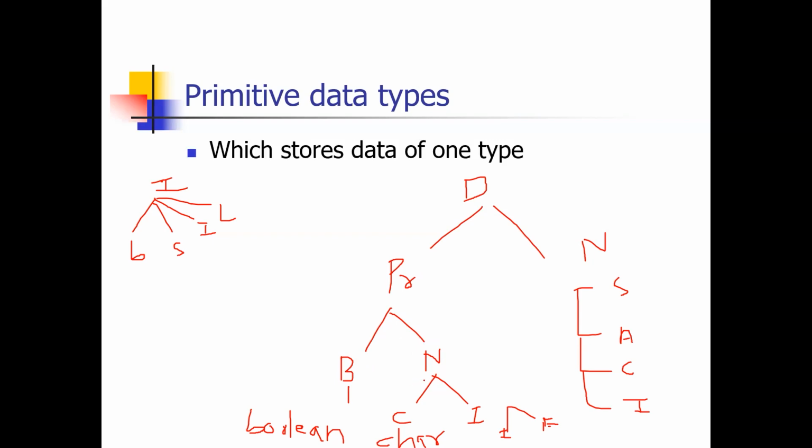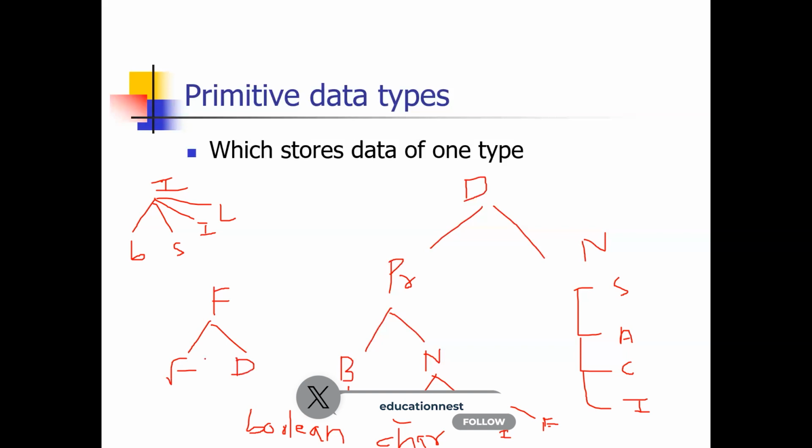In numeric, it can be character, it can be integral. Character only one, char. If it is integral, there can be integer or floating. If it is integer, then it can be byte, short, int, long. Or if it is floating, then there are 2 types, float and double.